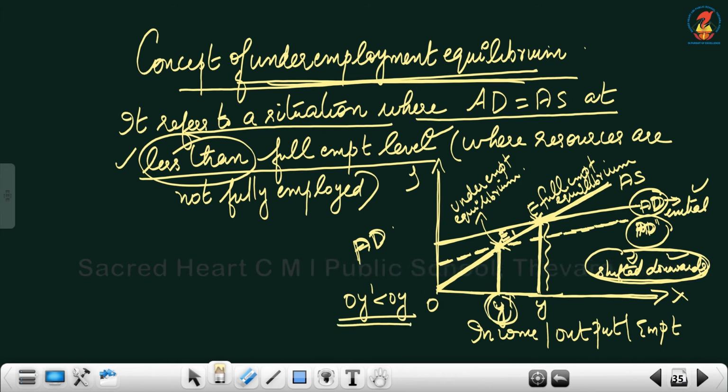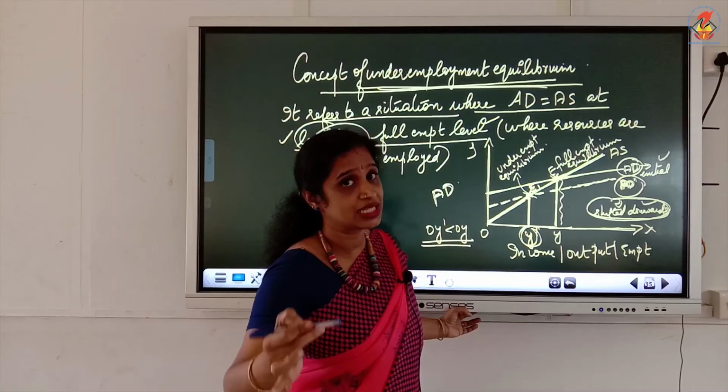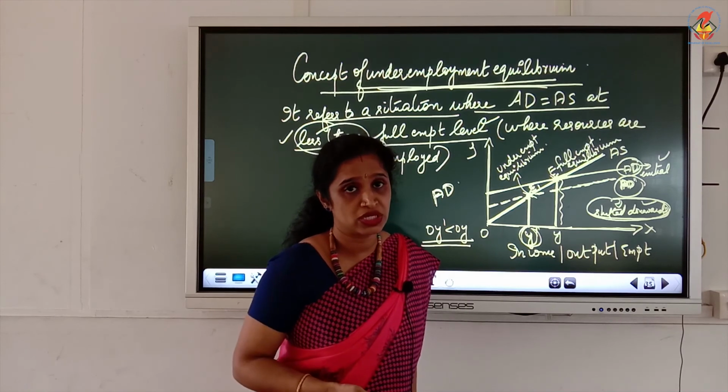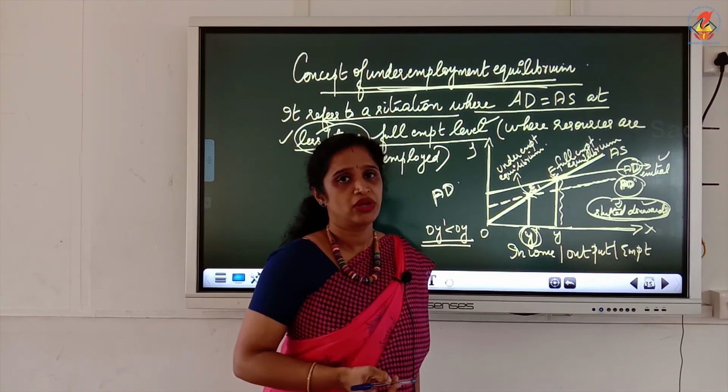That means we are achieving the income but at less than full employment level. Why less than full employment level? Because aggregate demand has come down. When aggregate demand has come down, employment of resources cannot be done. It will be less because AD is less than AS. At AD less than AS, more employment of resources is not required in the economy.